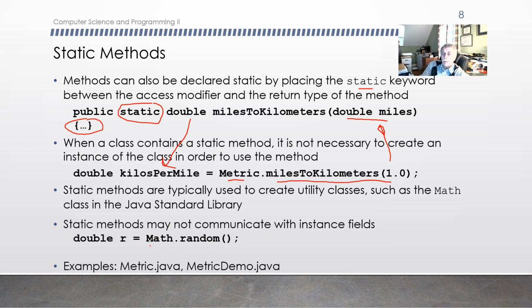It's built upon a bunch of static members. And these members can be functions. The members could be class or static variables, or constants, as we'll see in a moment. And we're going to be able to build our own. So let's take a quick look at metric Java and metric demo Java, because those are examples of actually building our own.